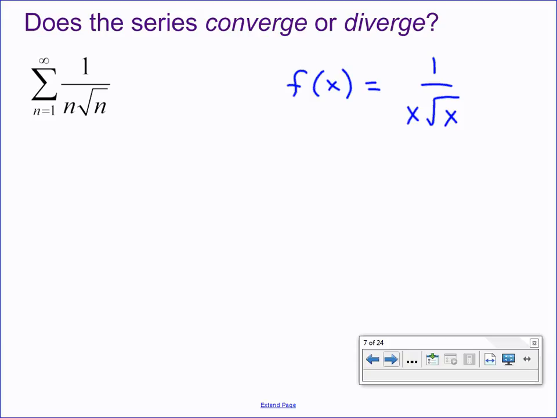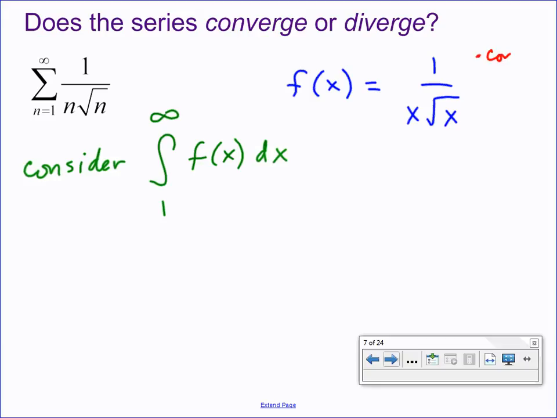So let's consider the integral from 1 to infinity of f of x with respect to x, because what allows us to do that is f is continuous, positive, and decreasing. Better write that. Continuous, positive, and decreasing, so we can apply the integral test.